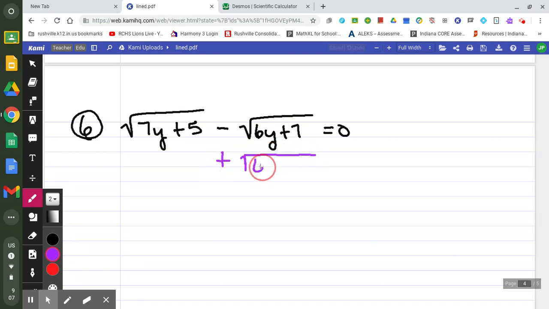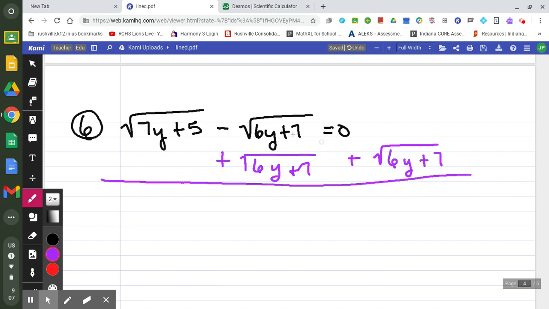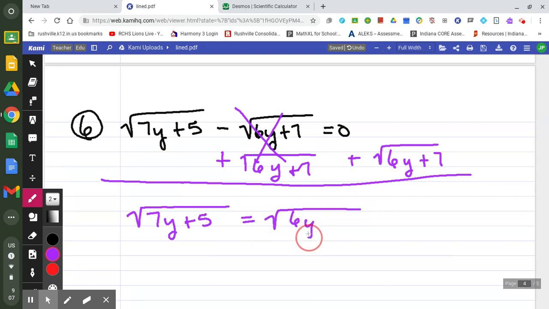So I'm going to add the square root of 6y plus 7 on both sides of my equal sign. So now I'll have square root of 7y plus 5 equals square root 6y plus 7.